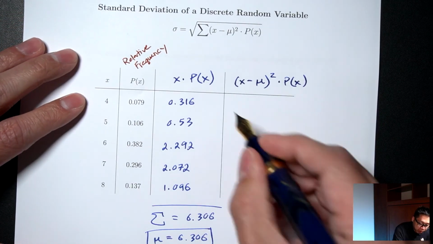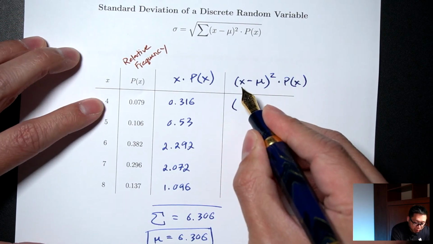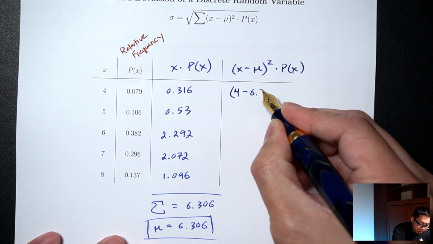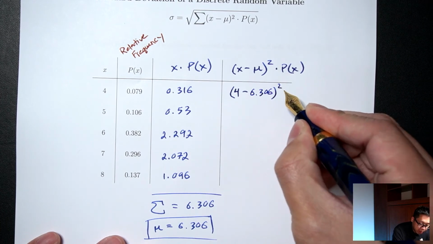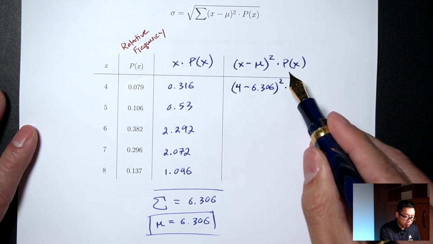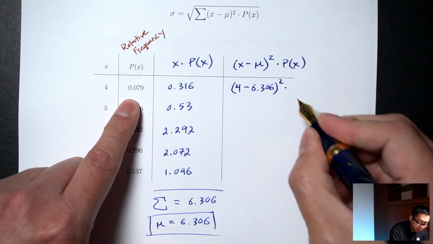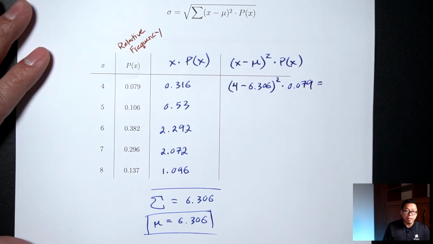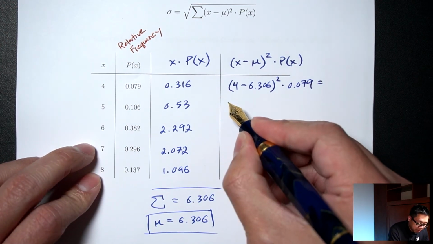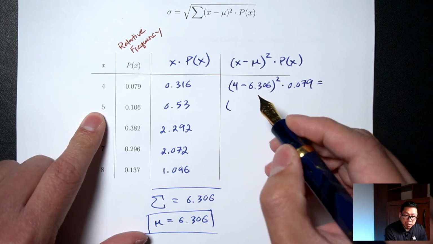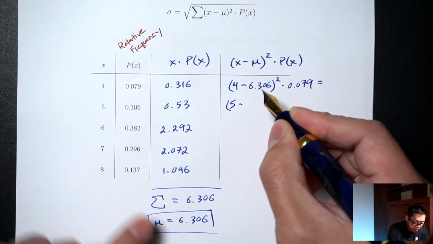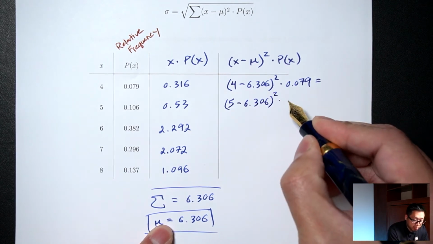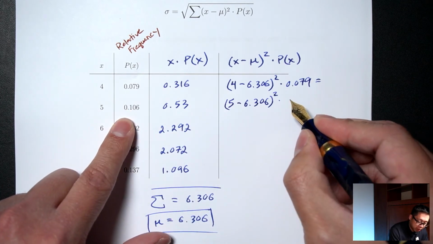Okay. So the first one, take the 4, the data value, minus the mean, which is the 6.306, square it times the probability of the 4, which is 0.079. Let me set up everything and then we'll go back and enter it into the calculator. The next one, our data value is now 5, so 5 minus the mean, 6.306, square it times the probability of the 5, 0.106.